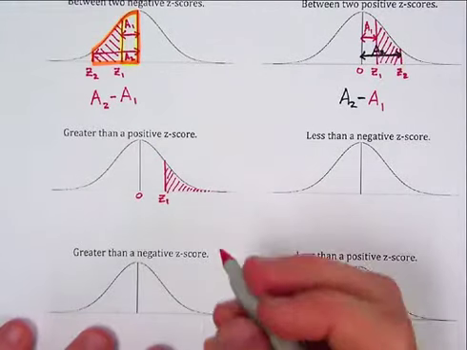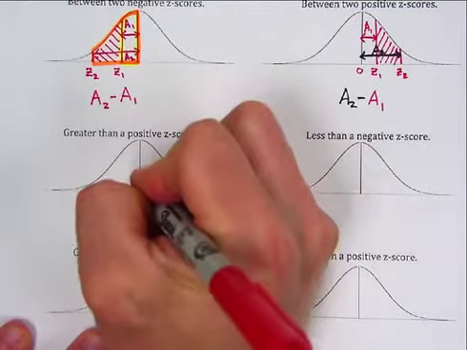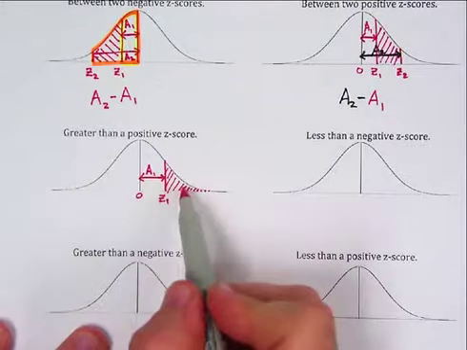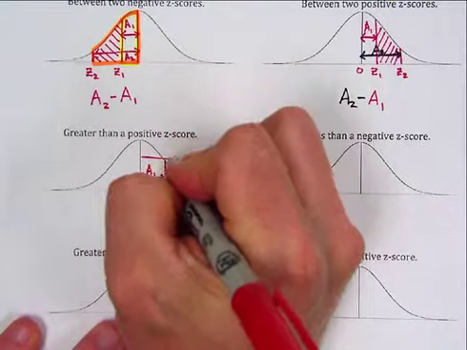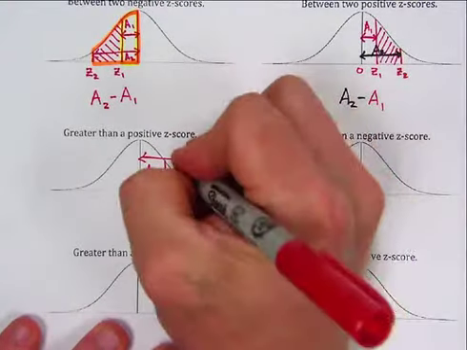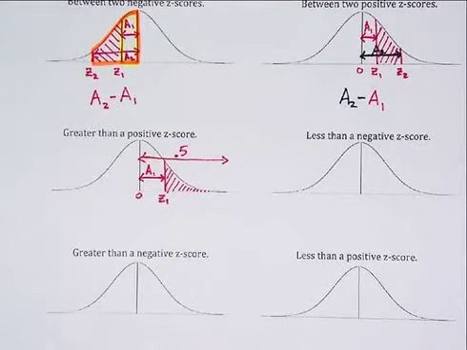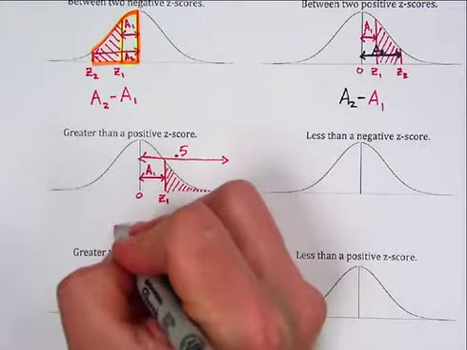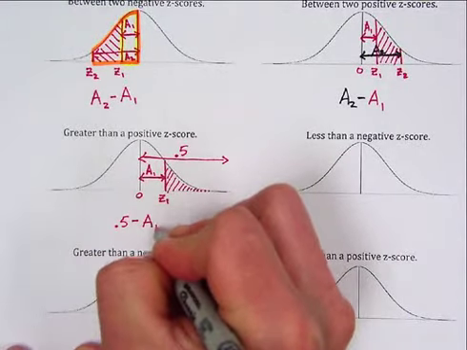So when you find in the table the area, remember you're finding it from the mean to the z-score. But that's not what we want. We want out here. So we have to think back to the fact that the area from the mean all the way to the right is actually 0.5, or half of the data. So if we want to find just this tail out here, in this situation we're going to do 0.5 minus a sub 1.